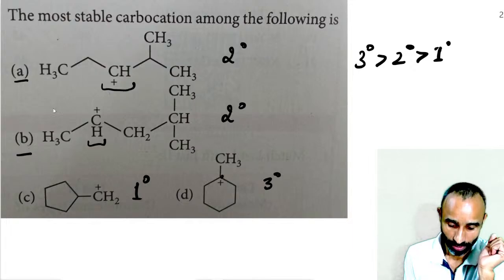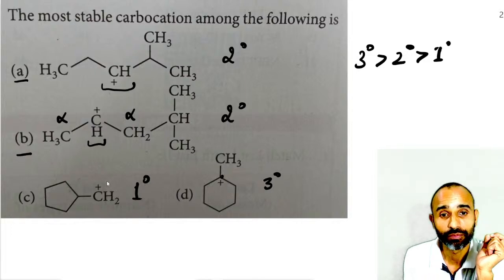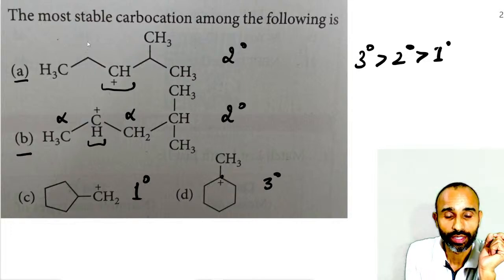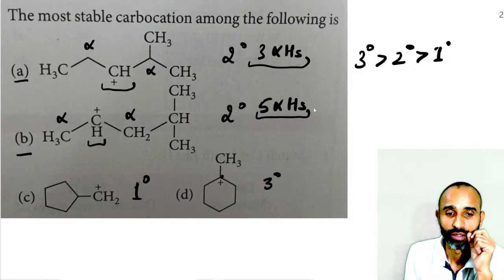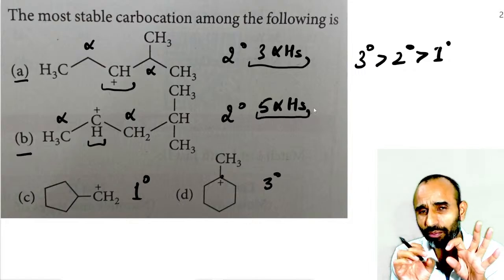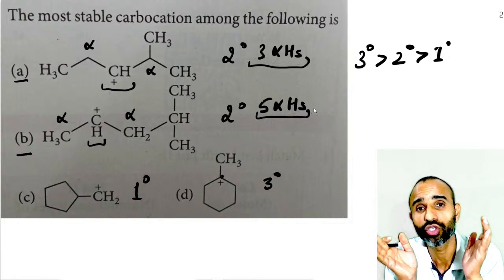Very good. Because there are 5 alpha hydrogens in this case, and in the other case there are only 3 alpha hydrogens. So hyperconjugation, because if we compare inductive effect and hyperconjugation, then hyperconjugation is dominating.